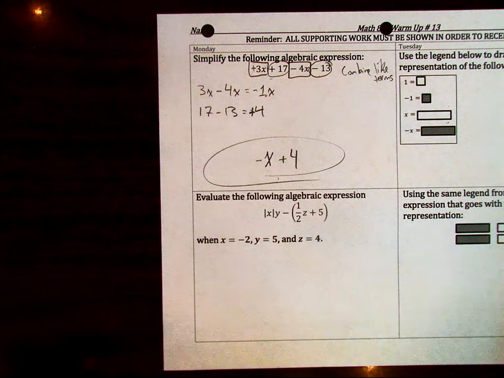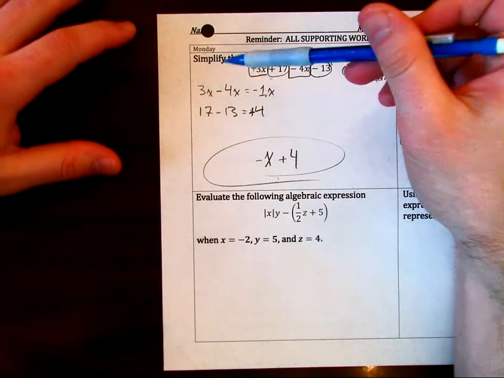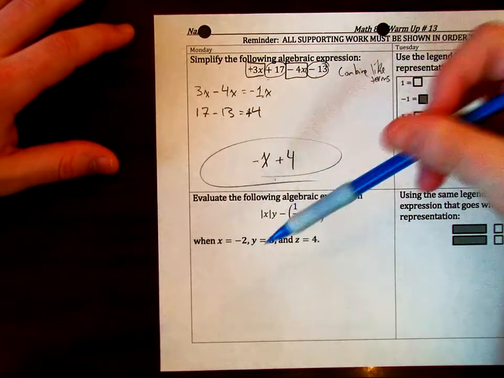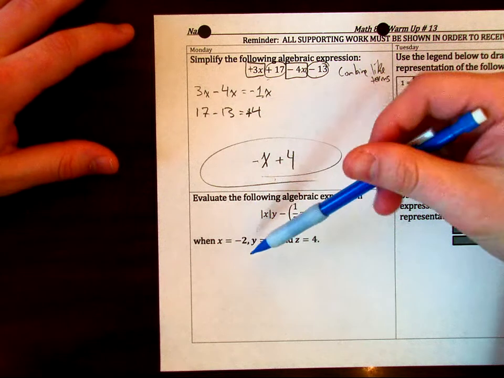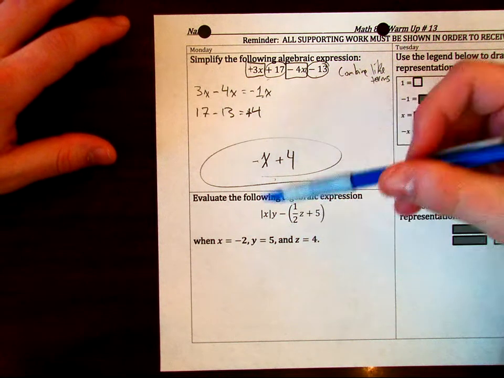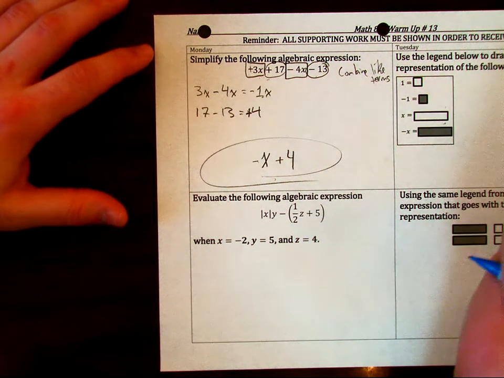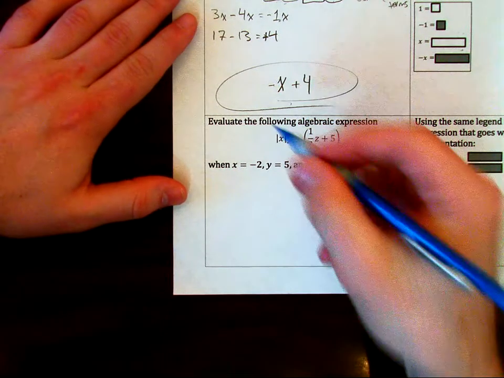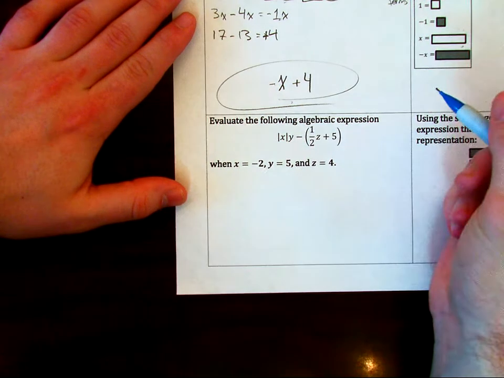Alright, and the second one, it says evaluate. So make sure you're seeing the differences between simplify and evaluate. Evaluate, we're talking about replacement values. So we're putting those given values for our variables into the expression. So let's say we have negative 2.